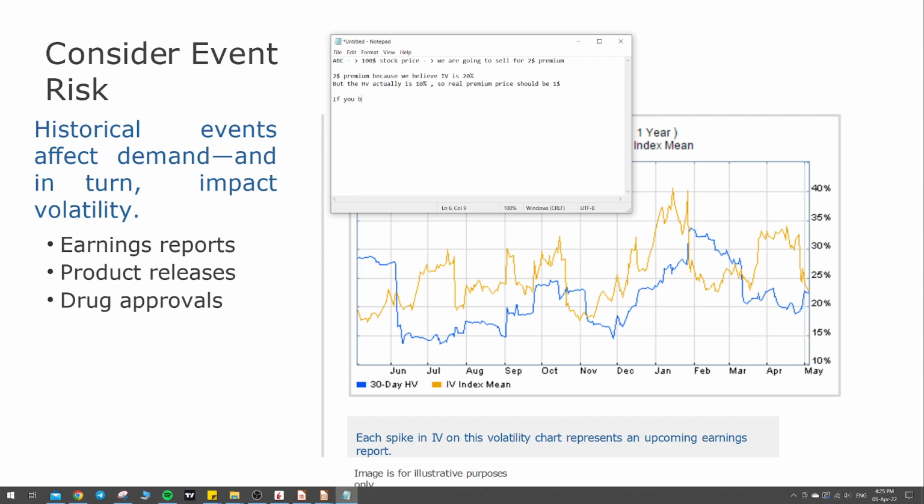If you buy this contract, this call, for example, you would pay $2 instead of $1. But if you sell this call, you would receive $2 instead of $1. So as a seller, you are going to start with this edge.